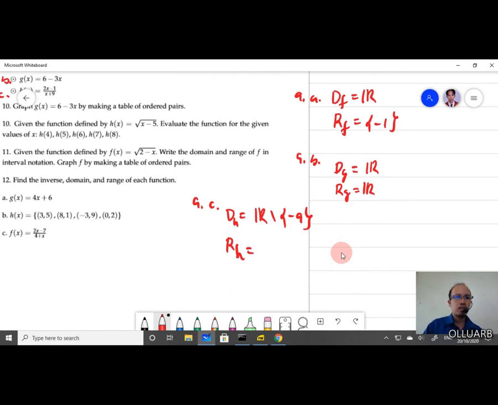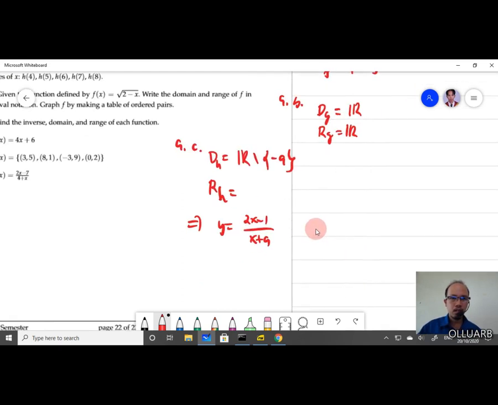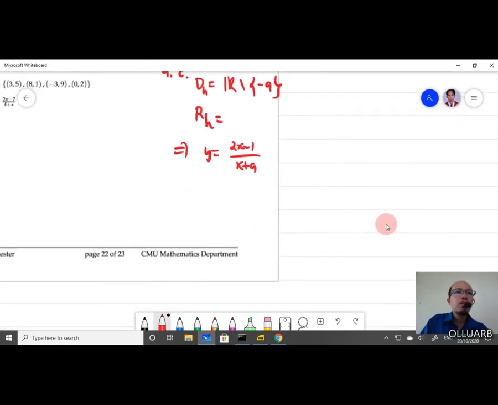So what we'll do here is to write it in this form: y equals (x minus 1) over (x plus 9). So cross multiply, so y times (x plus 9) equals x minus 1, so xy plus 9y equals x minus 1, and then solve for x in terms of y.